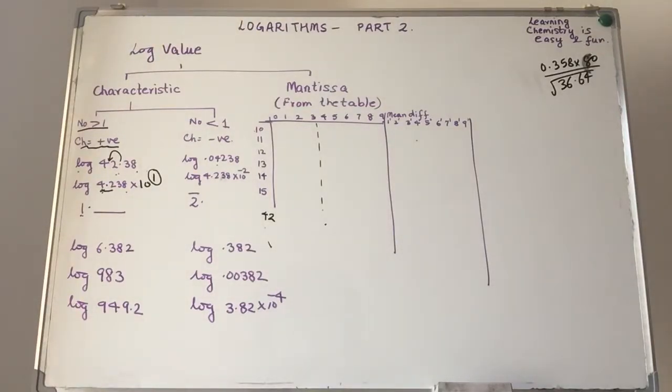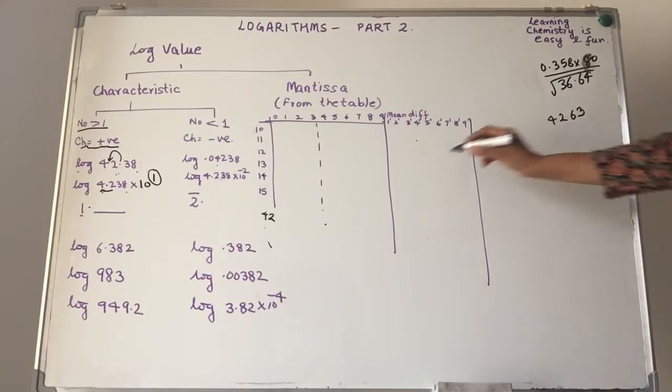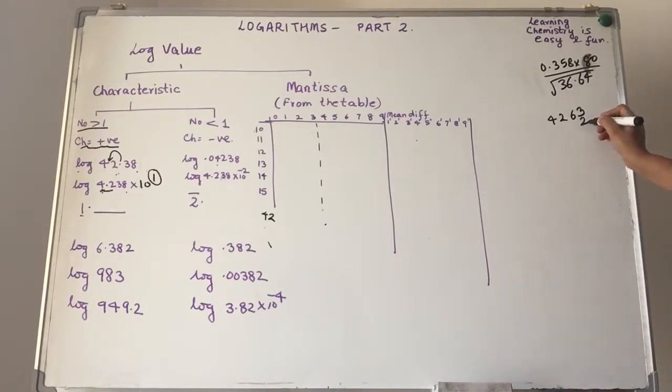So 42 under 3 gives us 4263, my value may not be accurate, and the mean difference comes out as 2.